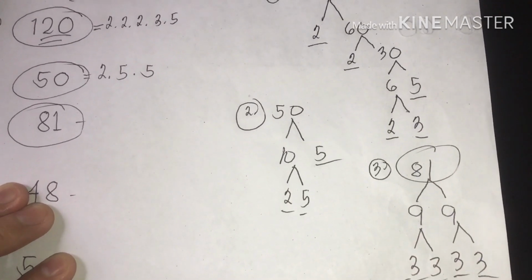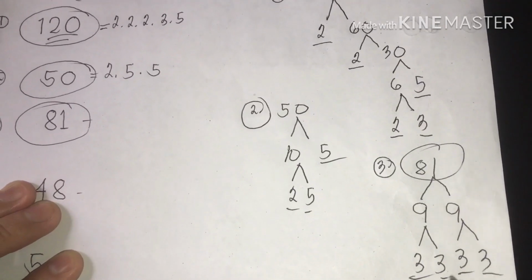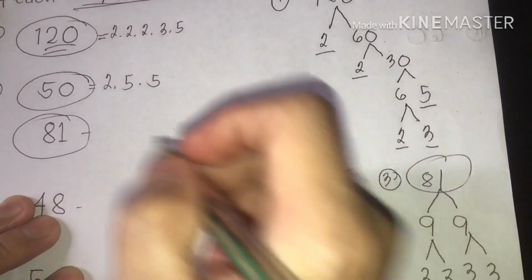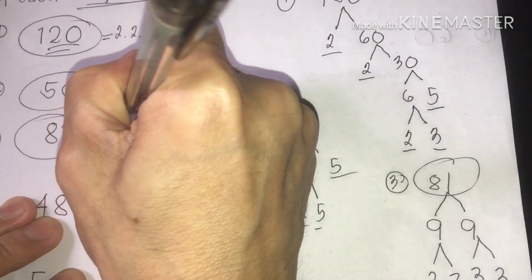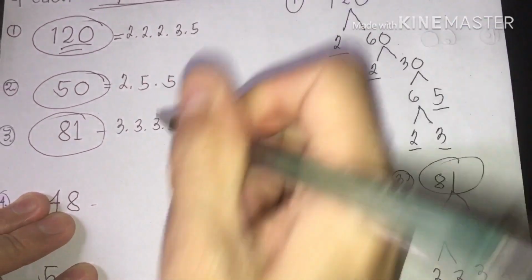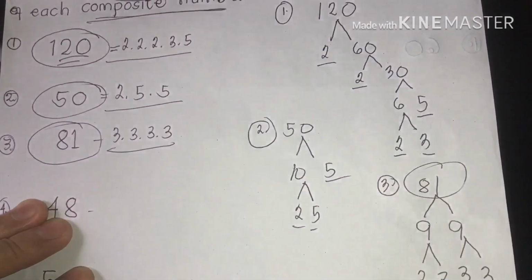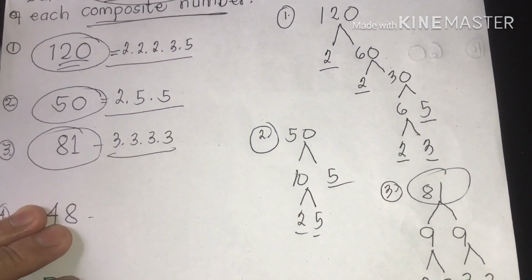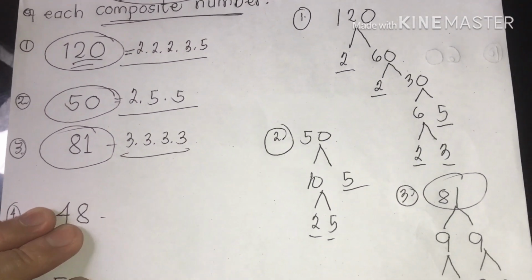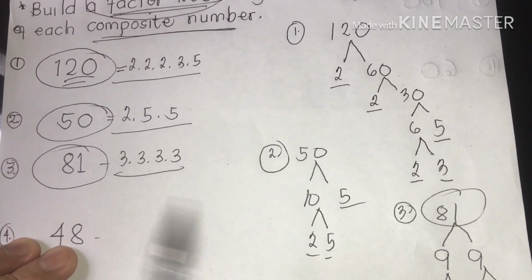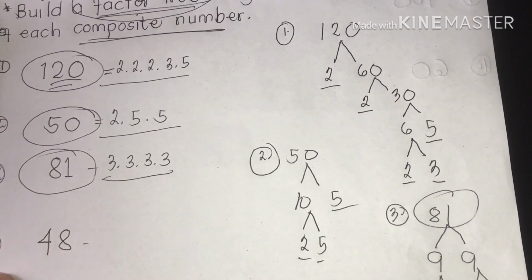This is what we call the factor tree method. It looks like the branches of a tree. Yes, those are our factors, which are prime numbers. Okay, that is how to get the prime factorization of composite numbers.